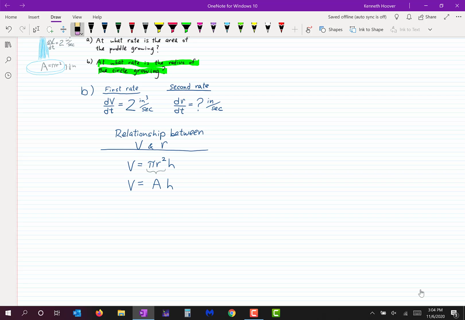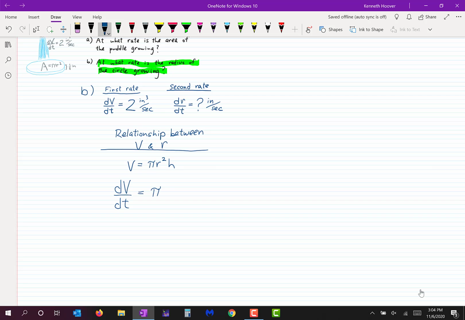Don't we already have that written down? We already have V equals pi r squared times h. All right, all I need to do is the derivative with respect to t. We're going to get dV dt on the left, and on the right, pi is a constant, so that's not going to change when I do the derivative.